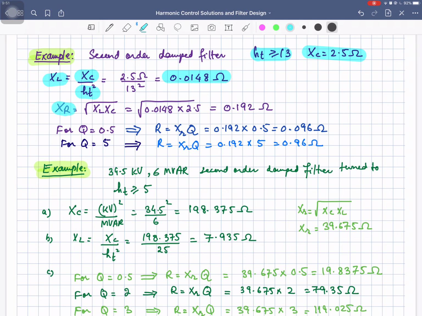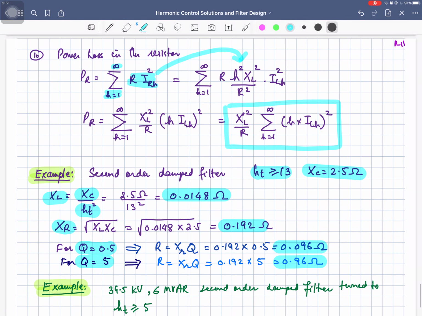And then we can calculate the resonant reactance. And if the quality factor is, let's suppose, 0.5, then the required R will be 0.096 ohm, and if the quality factor is 5, the required resistance will be 0.96 ohm. And as for higher quality factor, you can see we require higher resistance, so the power loss will be increasing if you just consider it from this set of expressions.